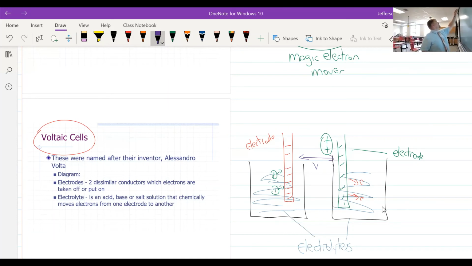So if we connect these with a conductor, I should probably put a top on each one of these. If you have a conductor, then this side being, hang on, I screwed that up. That side's going to be positive. Let me go back and change this. I apologize for that. I need to erase these.